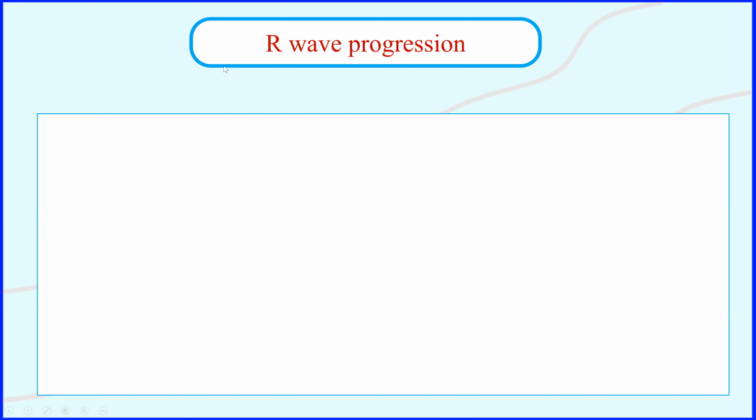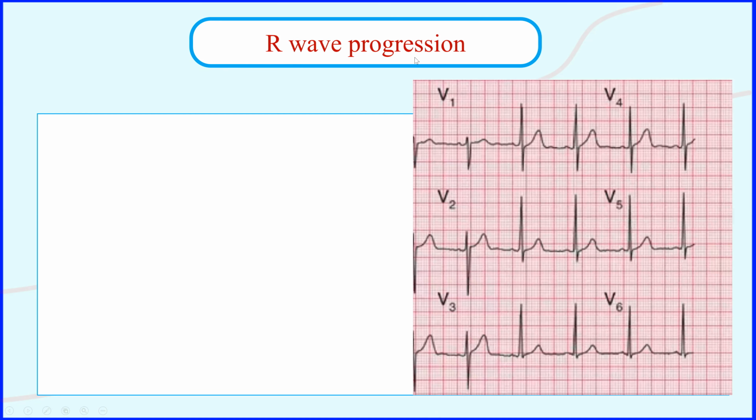All right. Now, let's talk about R wave progression. Normally speaking, when we are looking at V1 to V6, there is a normal pattern. The R wave is almost absent in V1, or it will be very tiny, as you can see here. I'm showing you the normal EKG. So V1 will have minimal detection of the R wave.